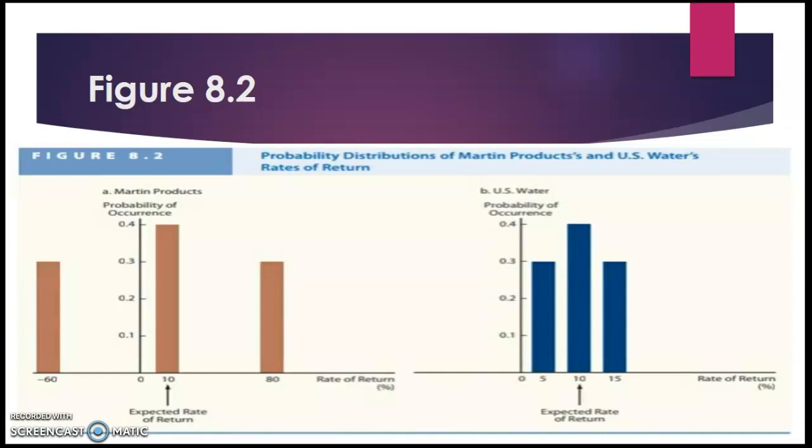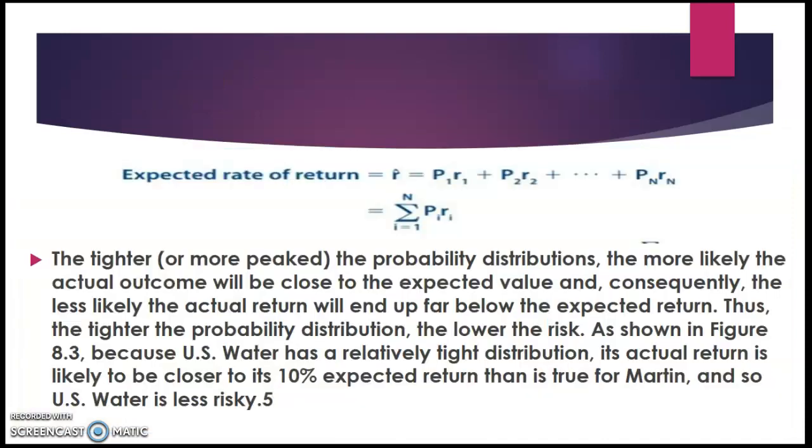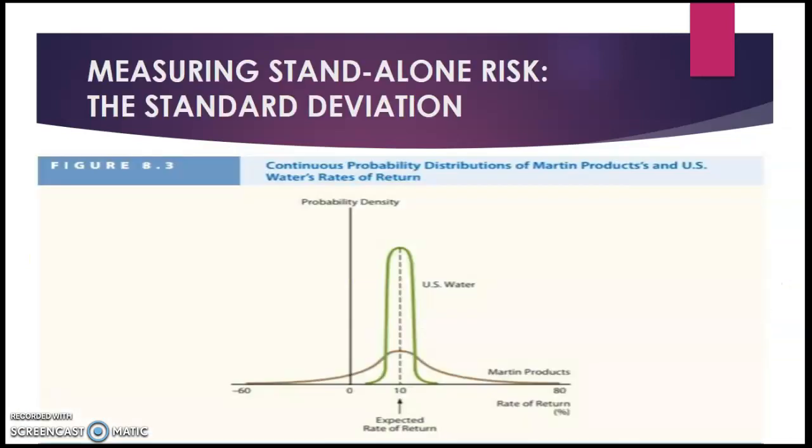Next is measuring stand-alone risk: the standard deviation. Here is the formula for the expected rate of return. It is useful to measure risk for comparative purposes, but risk can be defined and measured in several ways. A common definition is based on the probability distribution, such as shown in this figure.